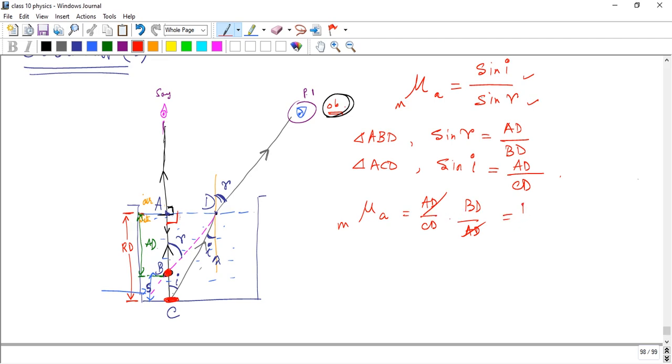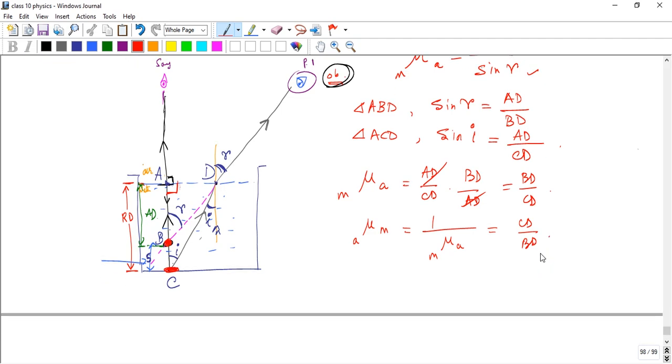So BD by CD. So now reciprocal of this means mu A to M, light travels from air to medium, is equal to 1 by BD by CD, that is reciprocal, CD by BD.